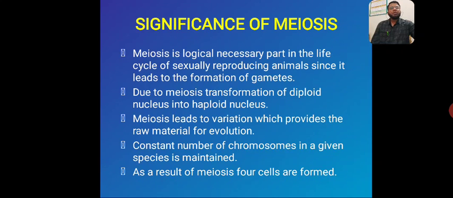Meiosis also leads to variation, which provides the raw material for evolution, and a constant number of chromosomes in a given species is maintained generation after generation due to meiosis. And lastly, as a result of meiosis 4 haploid cells are formed, having half the number of chromosomes.